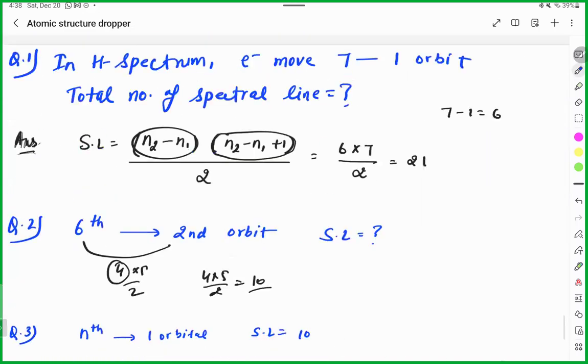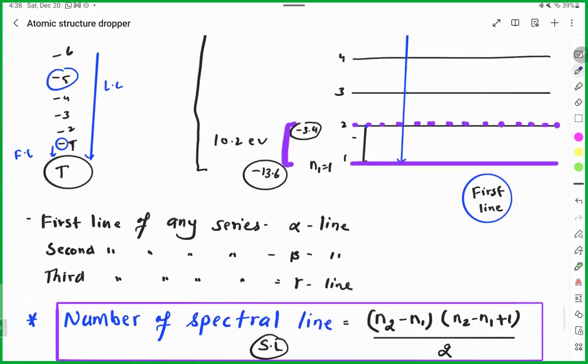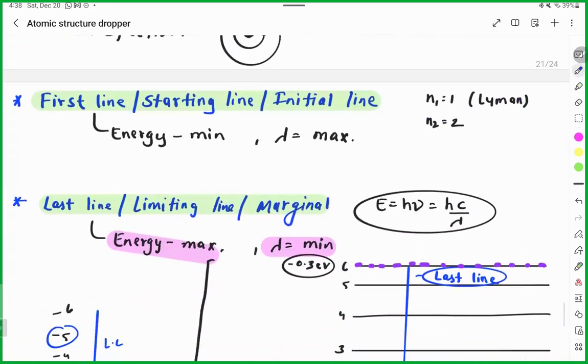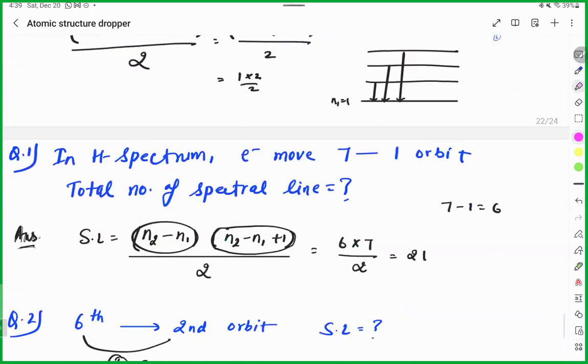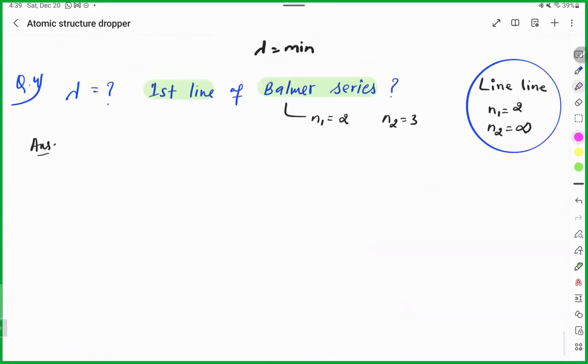I will write here also: for the last line, always take the N2 value as infinite. And if it is the first line, it can vary from system to system, but it is the minimum value. First line means minimum, and last line means maximum.